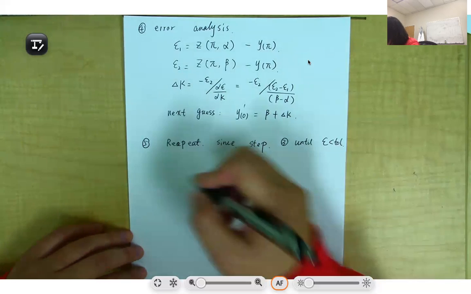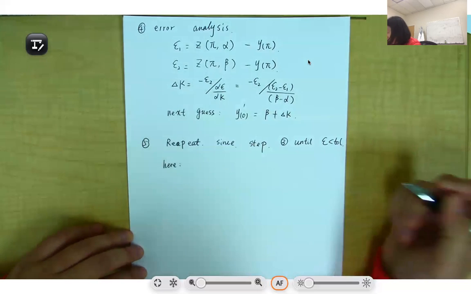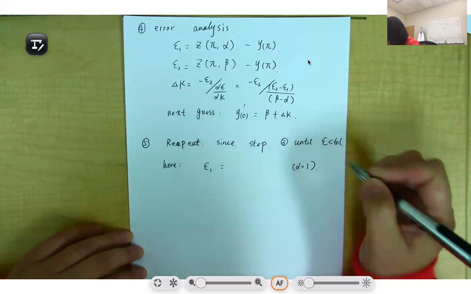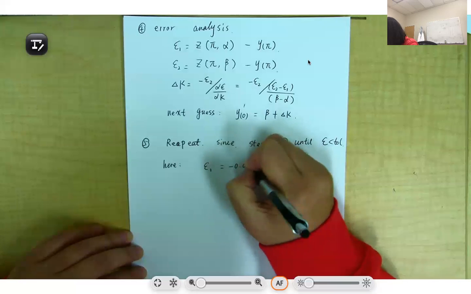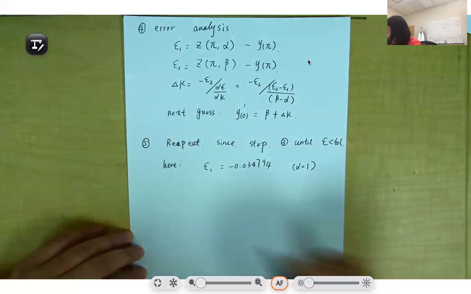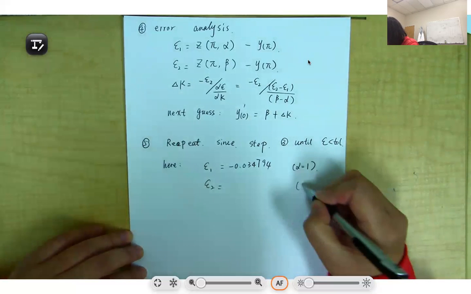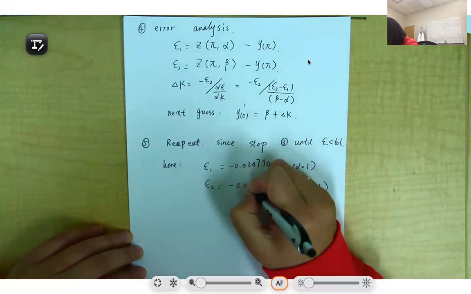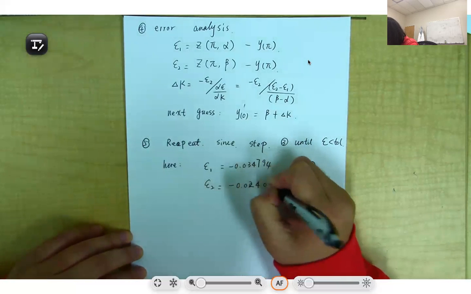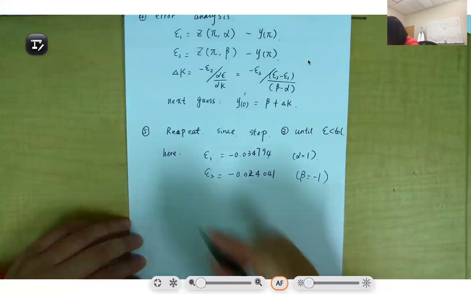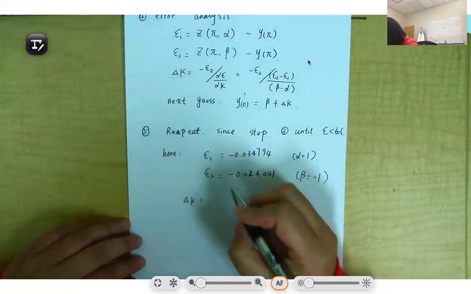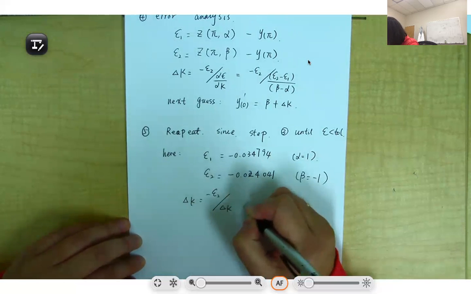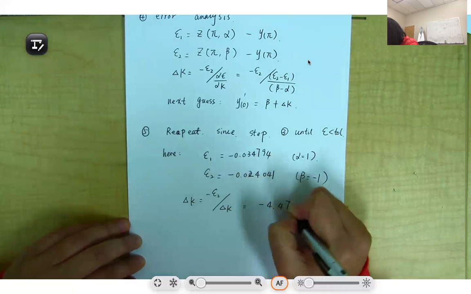So what we have here, we can do error 1 with the initial guess alpha equals 1, giving negative 0.034794. And you have error 2, with beta equals negative 1, giving negative 0.024041. And you have delta k, which is negative error 2 divided by the slope, around negative 4.4715.